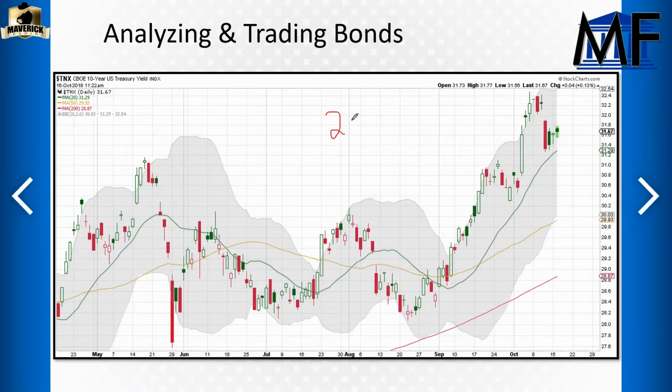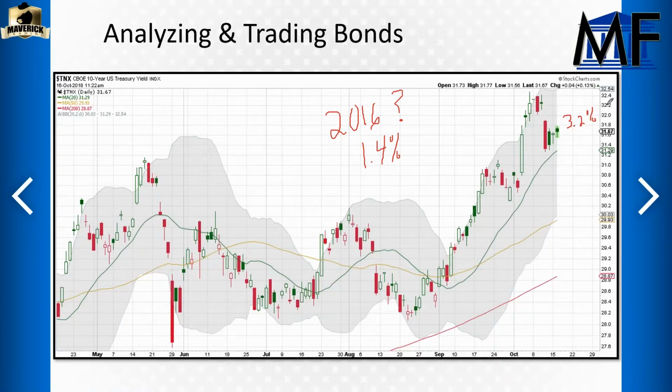Now put things into perspective further. In 2016, just 2 years ago, what was this 10-year going for? Would you believe me if I said that 10-year rates in 2016 were at 1.4%? Just 2 years ago, they were at 1.4. Now they're at 3.2.